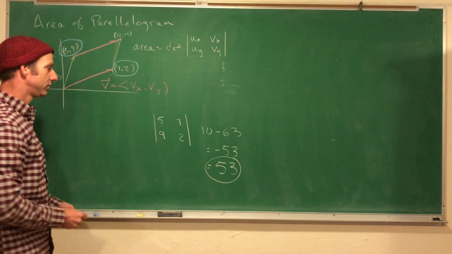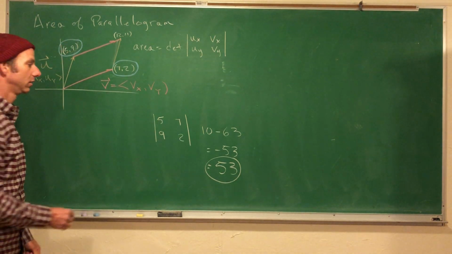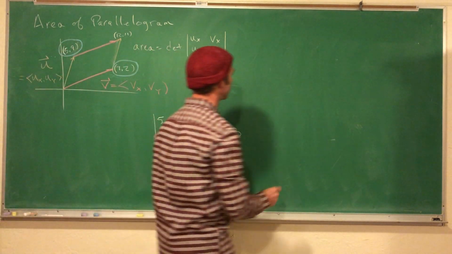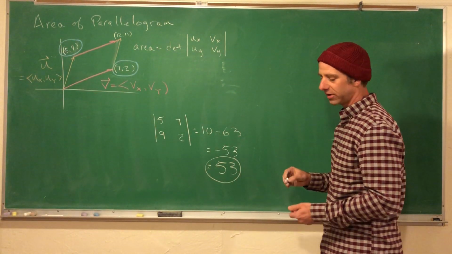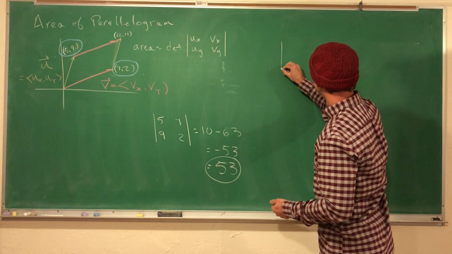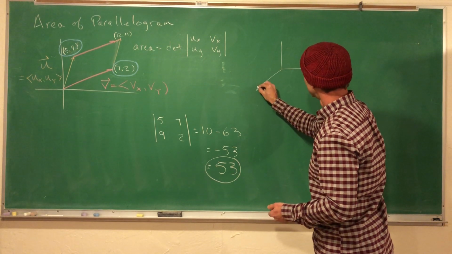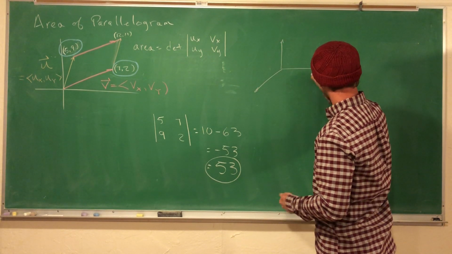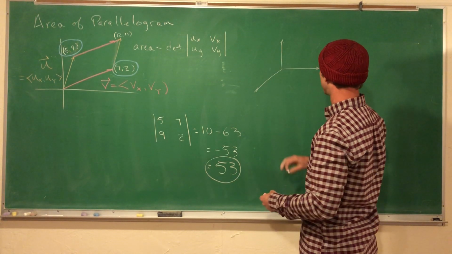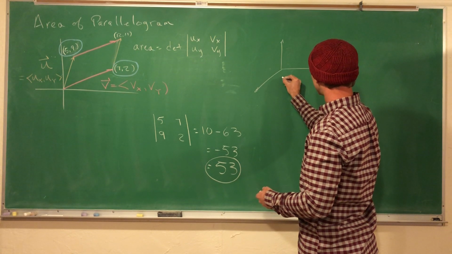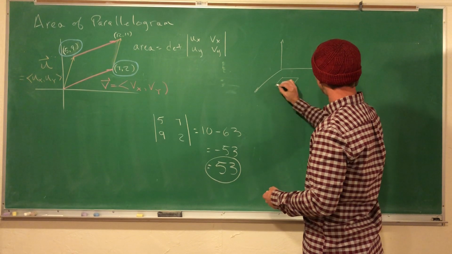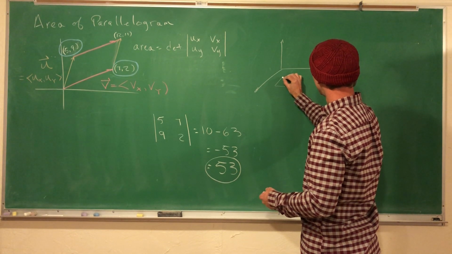Okay. If you want to get crazy, you can do this also with 3 dimensions. So if I had a shape, I don't even know how to draw this, right? So if I had my 3 axes here, and somewhere on this surface, in this 3-dimensional plane, we had something like this, right?